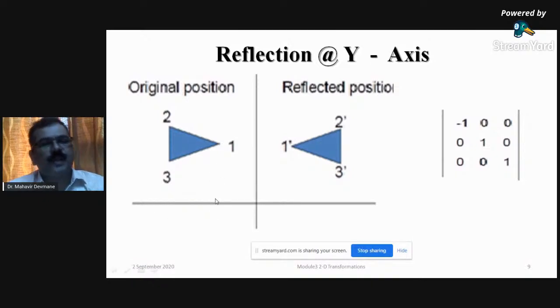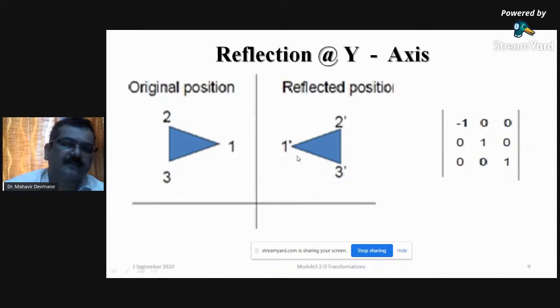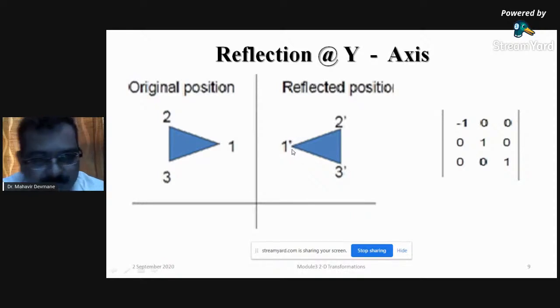So if the x value is minus 30 here, then the x value for 1 dash will be plus 30, right?